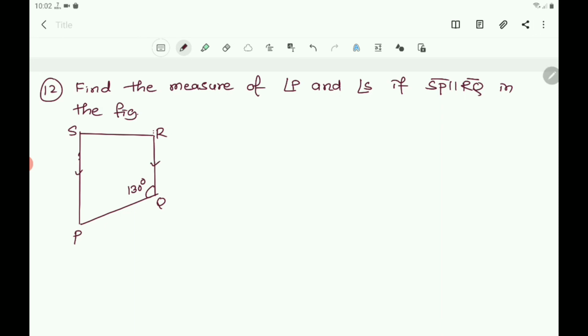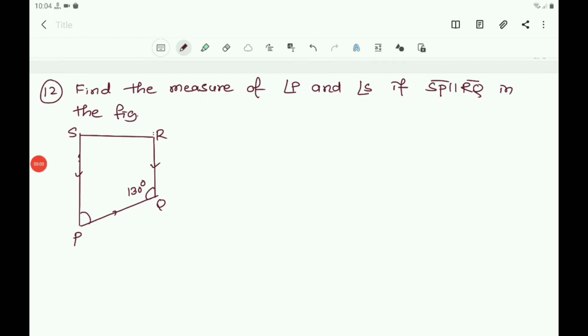So it becomes a trapezium, and here PQ becomes a transversal. Then angle P must be equal to 180 minus 130 degrees, as they are the interior angles on the same side of the transversal. Given that angle Q is 130 degrees, and also it is shown in the figure that angle R is a right angle.